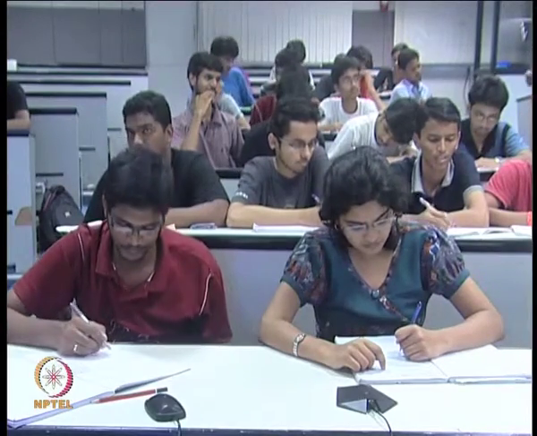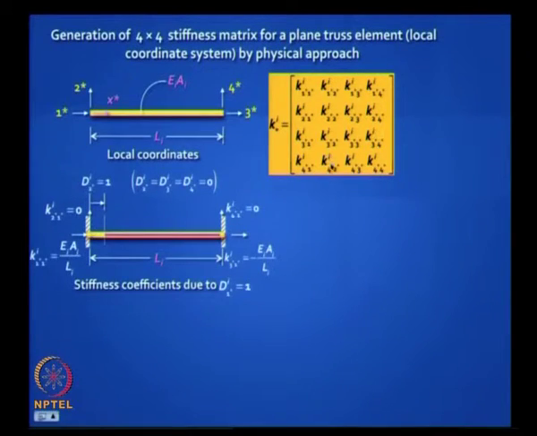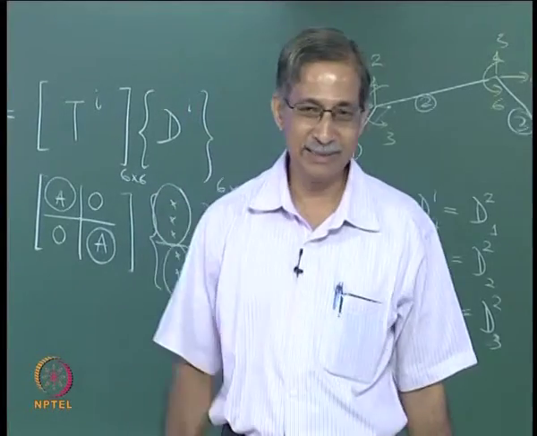In other words, help me fill up this column, because we have already filled up the first column. Second column, what are the values? Can you first draw the sketch and tell me the values? This is interesting. It looks tough, but actually it's extremely easy.